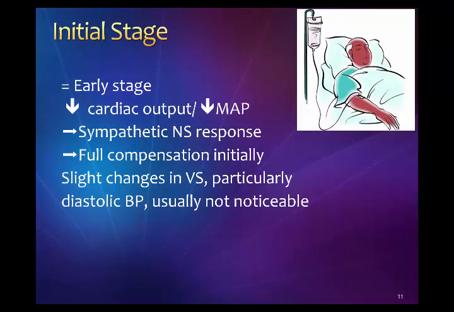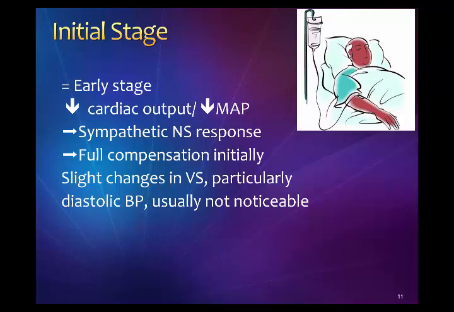So when we're talking about the initial stage of shock, it's very, very early, and the cardiac output and mean arterial pressure are decreased, and we will get a sympathetic response to try to overcome that drop in cardiac output.